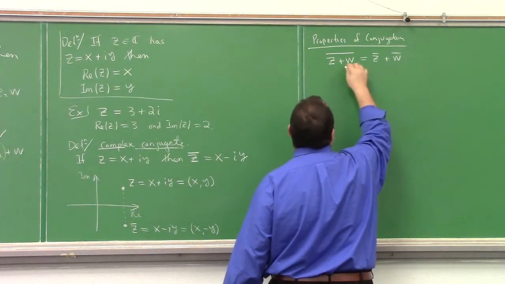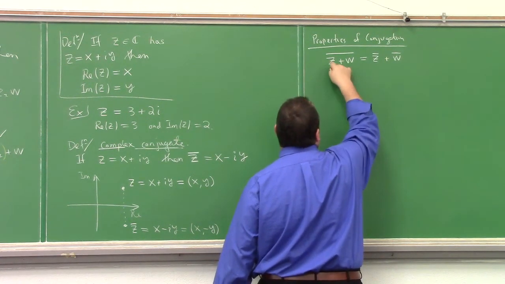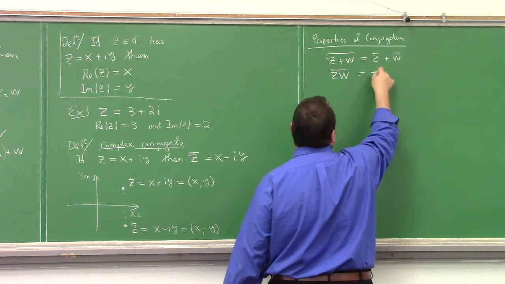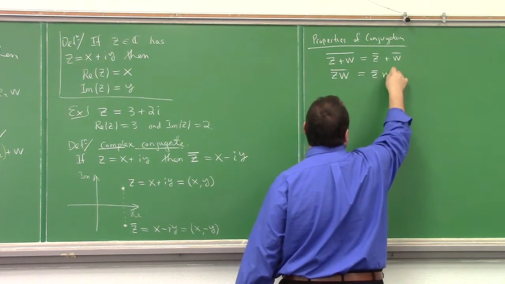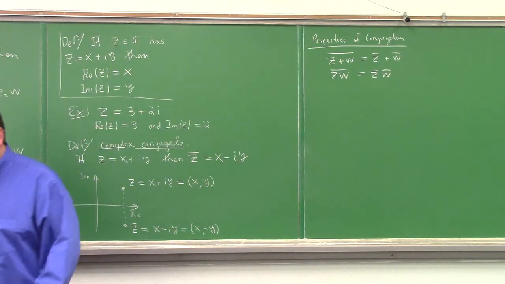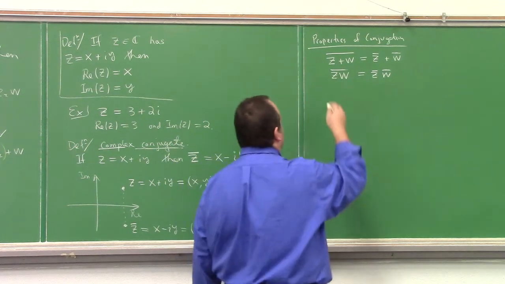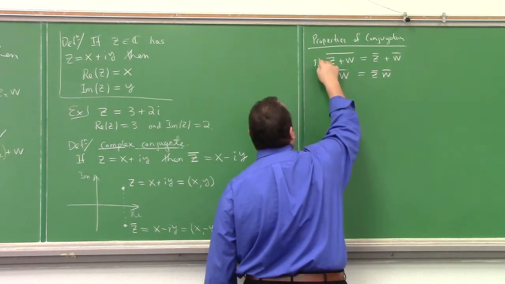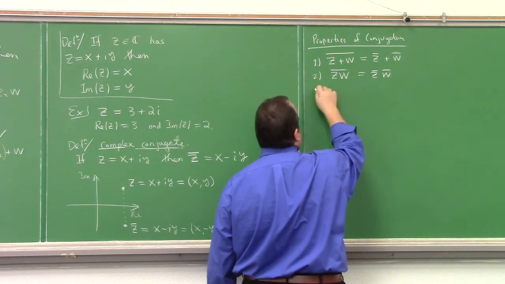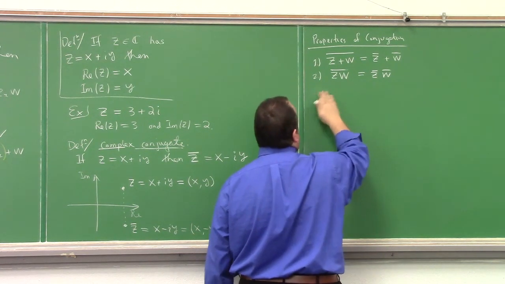If we have z times w and we conjugate that, it's actually equal to the product of the conjugates. Let me prove the last assertion for you. Let me prove number 2 here. Actually, there's a third one I should state before I prove 2. The third one is that, oh, no, sorry, getting ahead of myself.